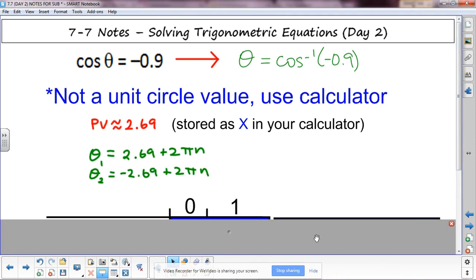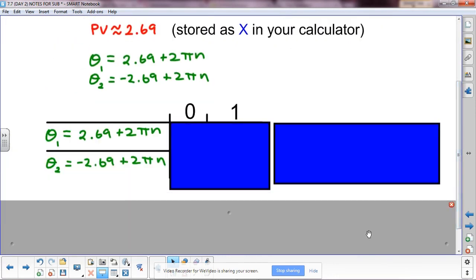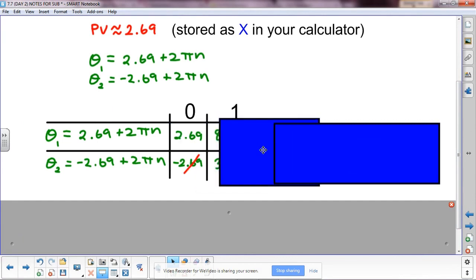Then you're going to make your table. I made it separately, but you can make it right on there if you want. If you plug in 0, you get 2.69 for your first one and negative 2.69 for your second one. We still want to only find answers between 0 and 2 pi.